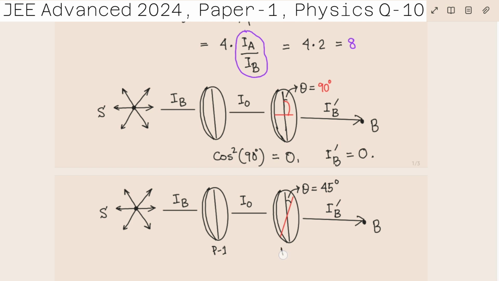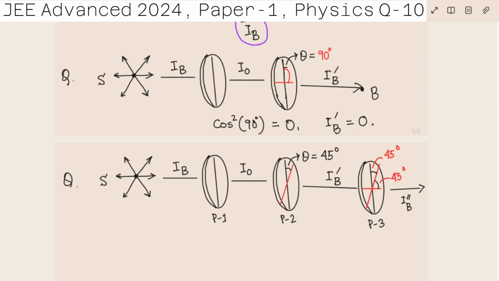The second one is placed, for example, at an angle of 45 degrees, and let's say we place the third one. The third one makes a 45 degree angle with respect to the second one, but it makes a 90 degree angle with respect to the first one.